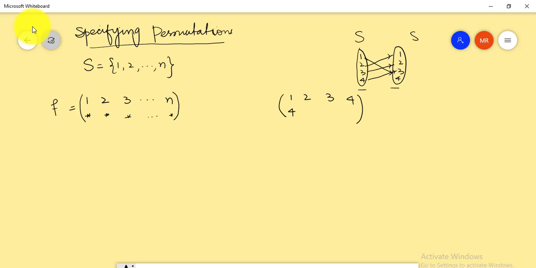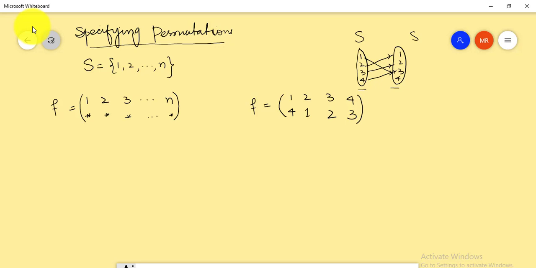Similarly, 2 is mapped onto 1. Hence, underneath 2, we write its image 1. Underneath 3, we write its image, which is 2. And similarly, 4 is mapped to 3. Hence, this is a more convenient way of representing this permutation.